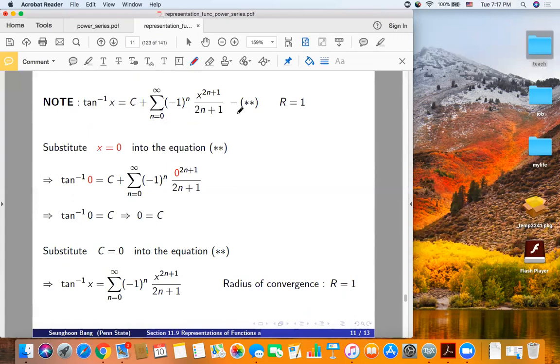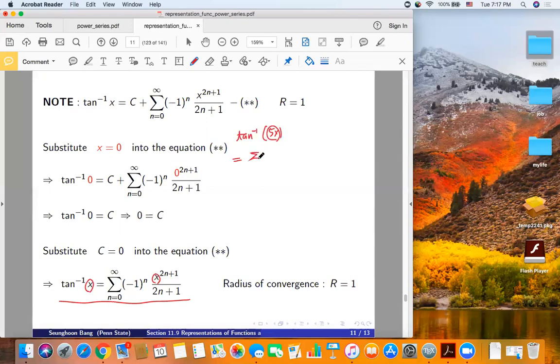This is the whole idea. You have to memorize this rule, it is very useful. One application is here: inverse tangent of 5x. How can you calculate it? You plug 5x into this x.